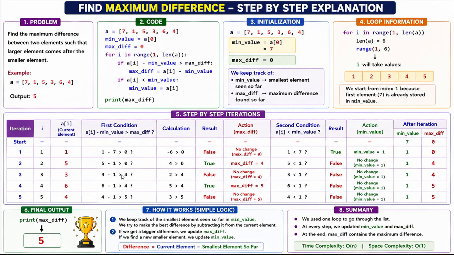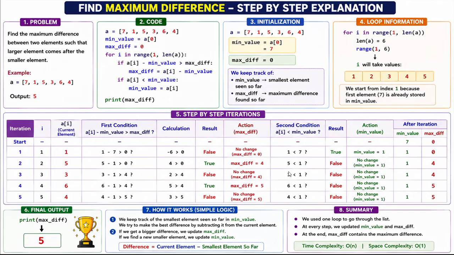Now iteration 3. a of 3 is 3. Here 3 minus 1, the minimum value is 1, is 2. 2 greater than 4? It is false. Again, the maximum difference is 4 only.